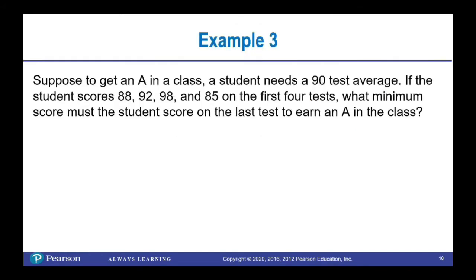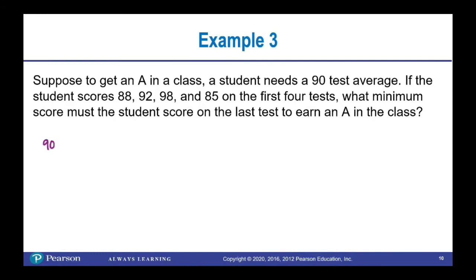Look at the next example. Suppose to get an A in a class, a student needs a 90 test average. So far, the student has taken 4 tests, and we have the scores on those 4 tests. Now, the student has one more test to take, and we want to know what grade that student must make on that last test to earn an A. Now, our average here is 90.